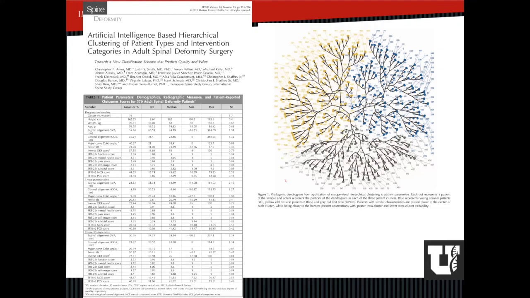You say, based on all this information, based on the amount of pain and disability you have from this particular condition, we can predict that you have an 80% likelihood of having a very good improvement in these scores post-operatively.